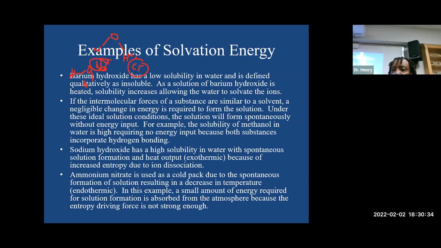That's right. So if it's going to be lower in entropy, if you're going from a higher state to a lower state in terms of entropy, then that is going to be an endothermic reaction. And then exothermic is when you're going from a low state to a high state.